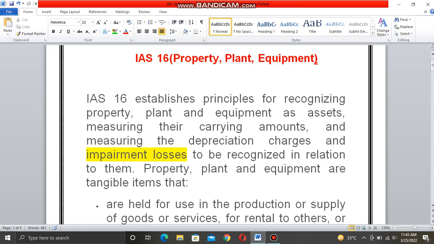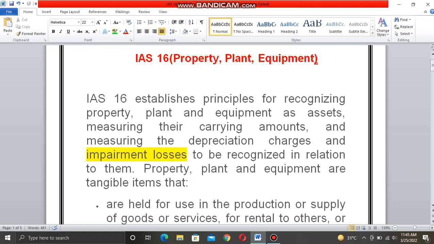Whatever the situation is, it also covers measuring their carrying amounts and measuring the depreciation charges and impairment losses to be recognized in relation to them. When you take an asset, and it is a tangible asset which you can touch, which will give you benefit in the future period, it must be depreciated.